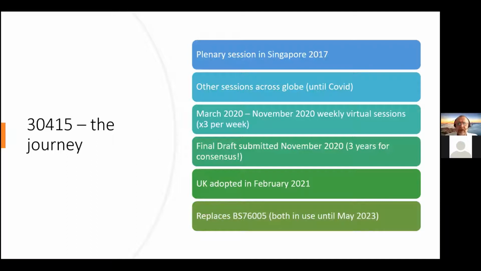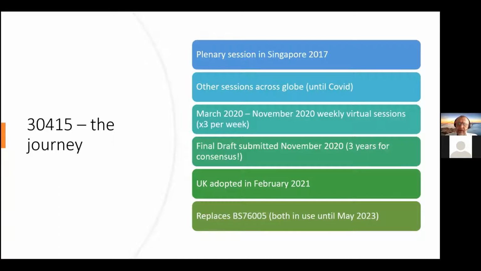So as it says, there were other sessions across the globe, but of course all this came to an end when COVID came along. And so from March 2020 to November 2020, in order to finish the standard, there were weekly virtual sessions with different time zones. So for me, that meant sometimes getting up early, sometimes staying late at night, and sometimes, fortunately, being available at lunch times.